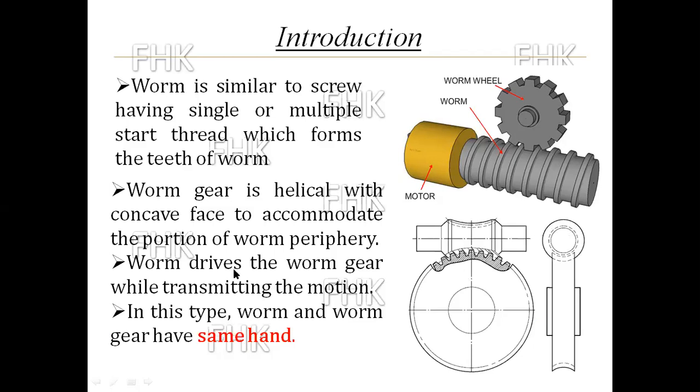Okay, so next point, the worm drives the worm gear. This is the worm, and this drives the worm gear. When this drives the worm gear, for calculation or analysis purposes, the assumption is that the worm is always the driver, whereas the worm wheel is always the driven wheel.